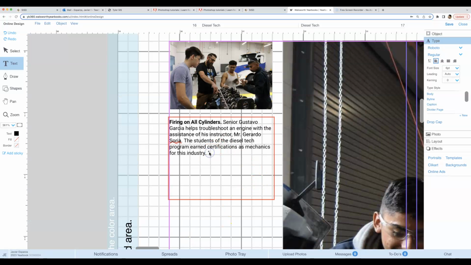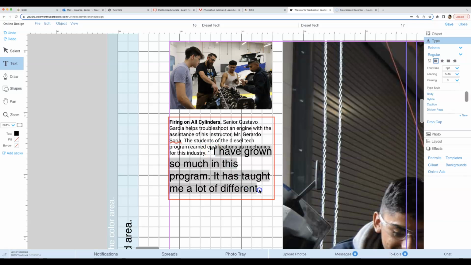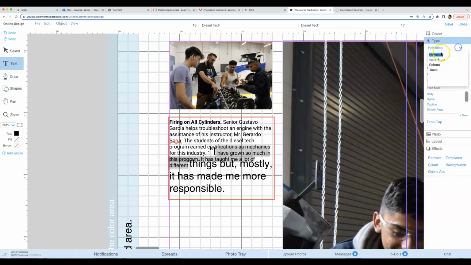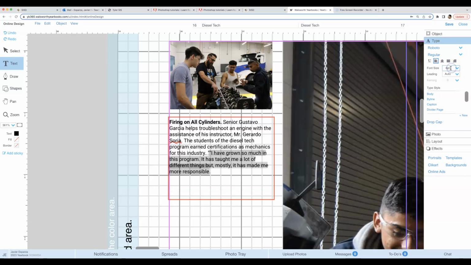Wherever you have your captions or quotes written, on a Microsoft Word document or putting them on the page like I just did makes it easier. All right, so let's change this to the proper font and the proper size. Roboto, regular, 6 point.